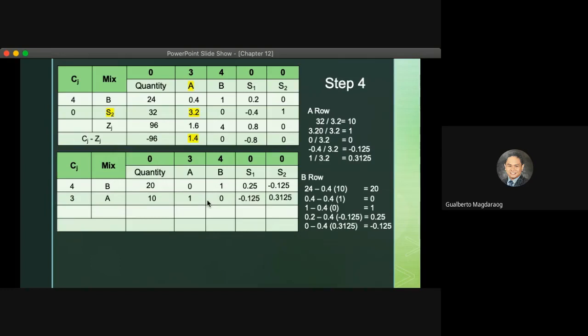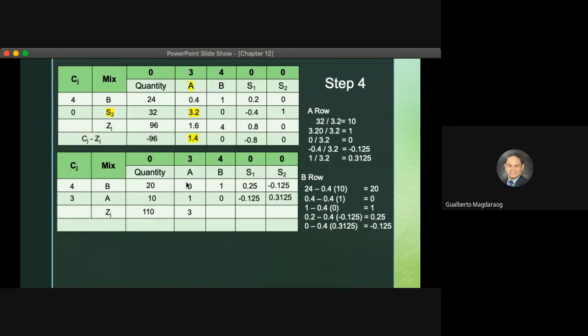Okay. Now we can compute now the total income or total contribution margin again using the same procedure, multiply and then add. 4 times 20 and 3 times 10 equals 110. So you do the same for the rest of the column. Bilis natin.